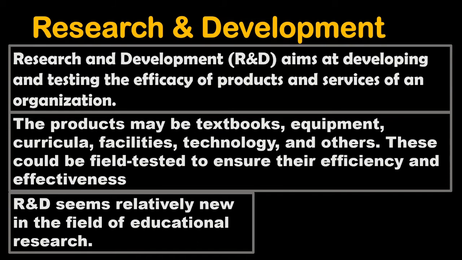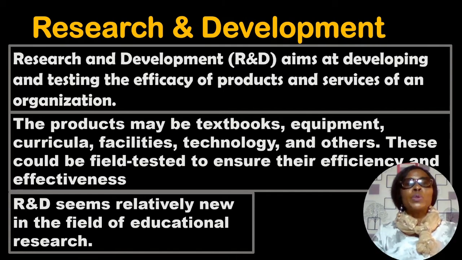This aims at developing and testing the efficacy of products and services of an organization, which means in an organization there are already products, services and goods available which they are using in working. So research and development is geared towards ensuring the efficacy of those existing services and products, their workability, their advancement.